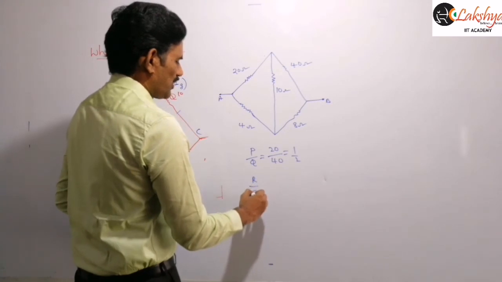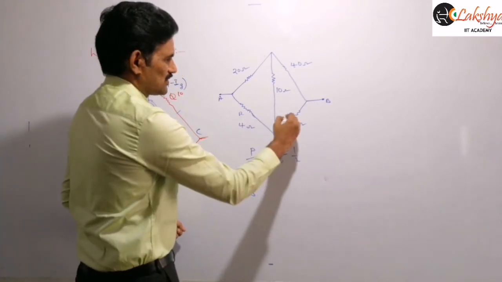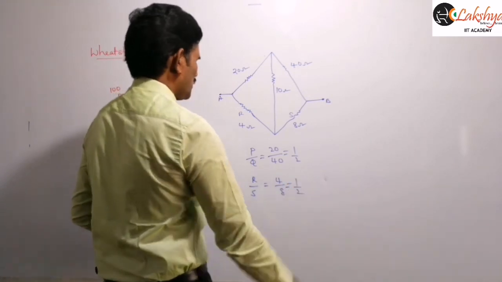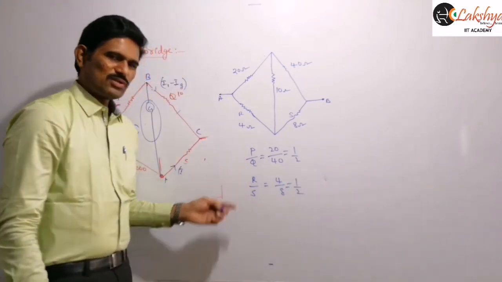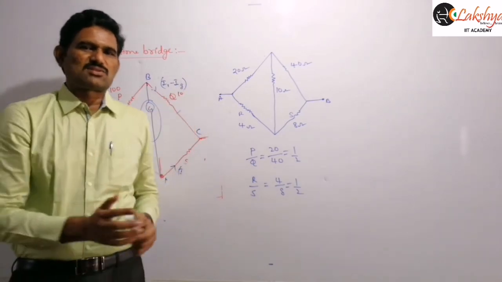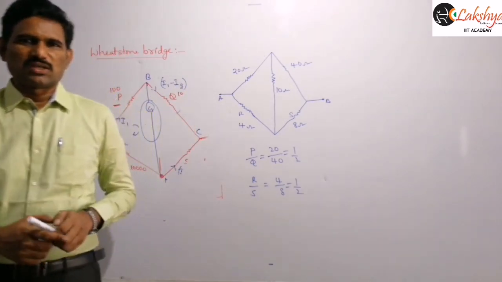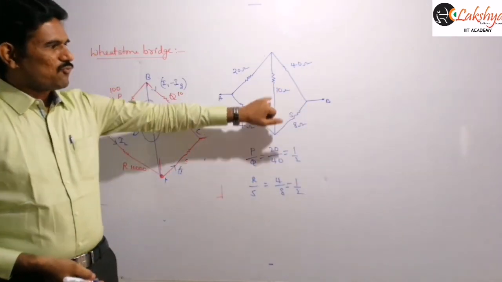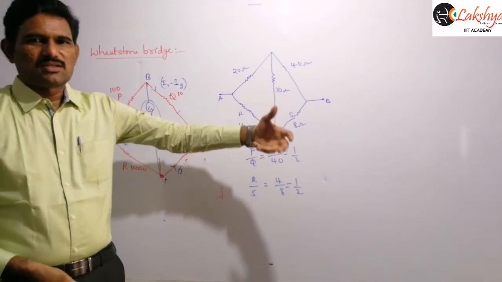Then R by S, this is our R and this is S, so R by S is equal to 4 by 8, so you will get 1 by 2, right? So P by Q is equal to R by S. So that means the given bridge is a balanced Wheatstone bridge. It is in balanced condition only. That means if we connect any battery between A and B, no current flows through this 10 ohm resistor, right?